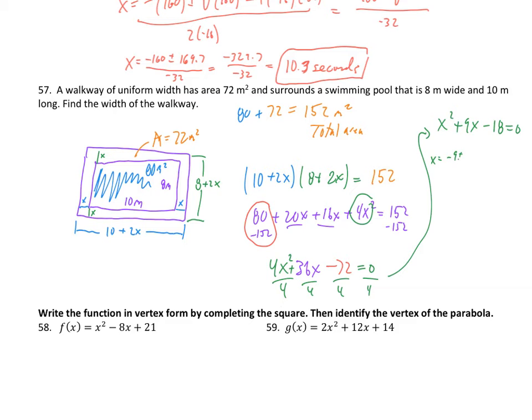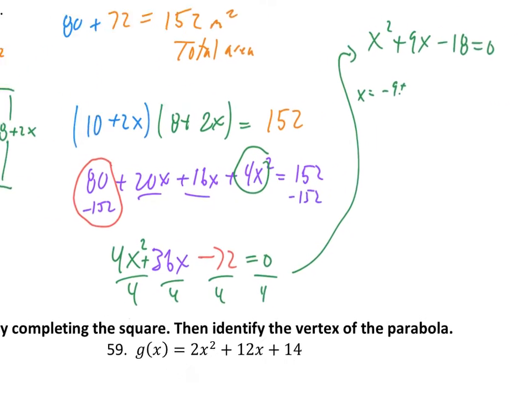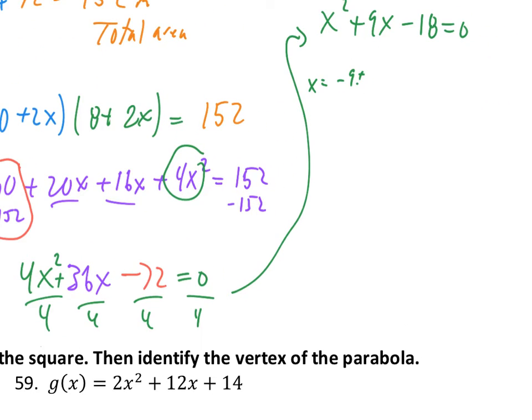Negative b plus or minus the square root of b squared minus 4 times 1 times negative 18, all over 2 times 1.